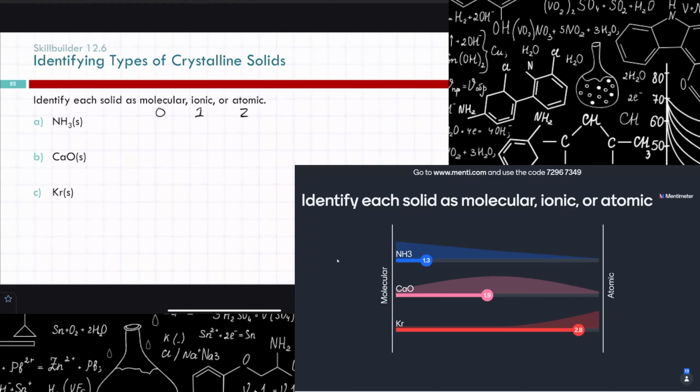So for molecular solids, you need to look at it and say, okay, are there any metals? If we're looking at NH3, we don't have any metals there. And this is a molecule that we've been given. So this is a molecular solid.